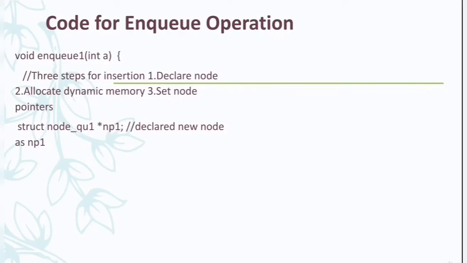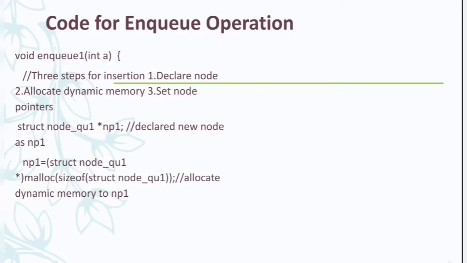The struct node QU1 star NP1 is the declared node for Q1 as NP1. Again, we have to give dynamic memory to it. So we have written NP1 equals struct node QU1 malloc sizeof struct node QU1. In this way, we have allocated dynamic memory to NP1 for the first queue.